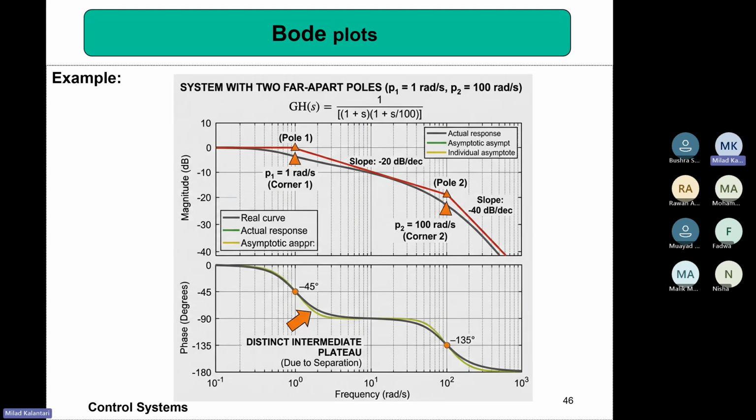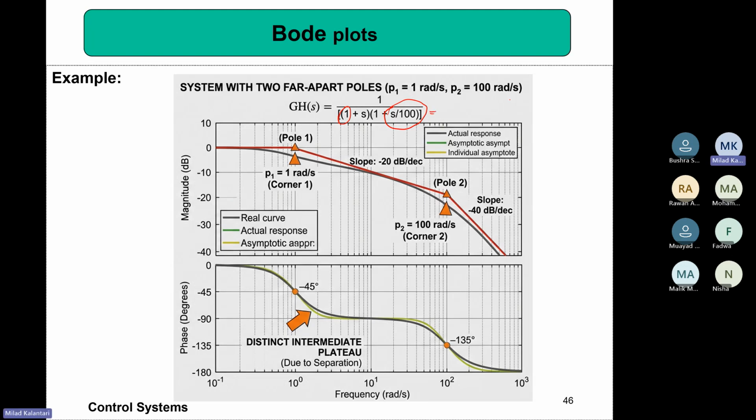And then the more practical thing comes up when we have multiple poles and zeros. So now here we have 2 poles, right? One pole is at omega of 1, the other pole is at omega of 100. So again, we try to plot it. Let's see. When omega is very close to 0, what is happening in this function?